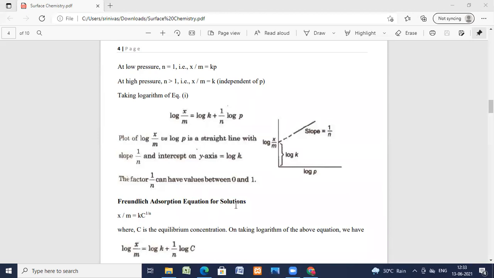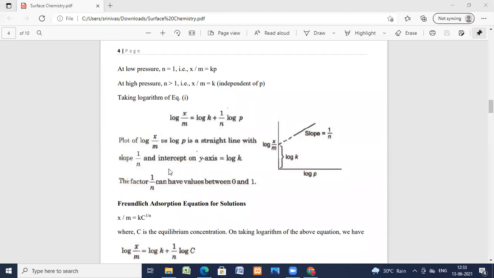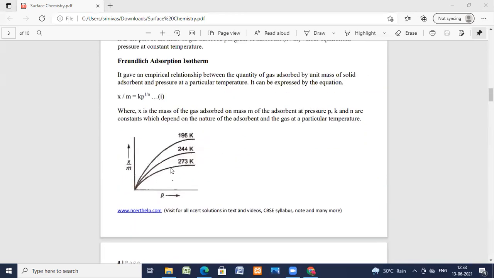This Freundlich isotherm can be expressed for solutions as well as for gases. You get a plot, and by taking the slope and intercept, we can find the relationship of the quantity of the gas adsorbed on unit mass of the solid.